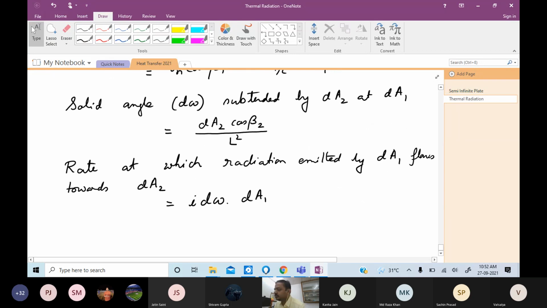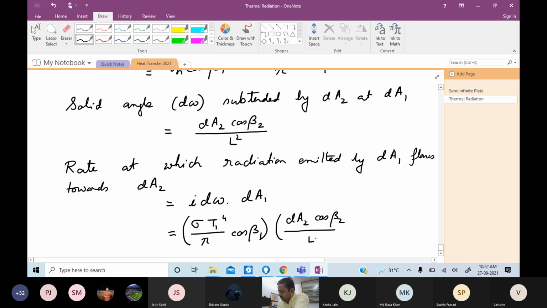So Q. Now put in what I is and what d omega is. I was sigma T1 to the power 4 divided by pi cos beta 1, and d omega would be dA2 cos beta 2 by L squared, times dA1.